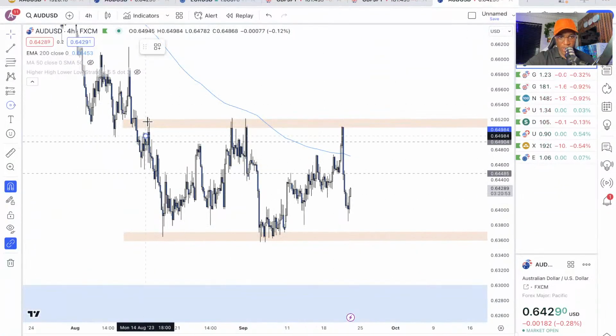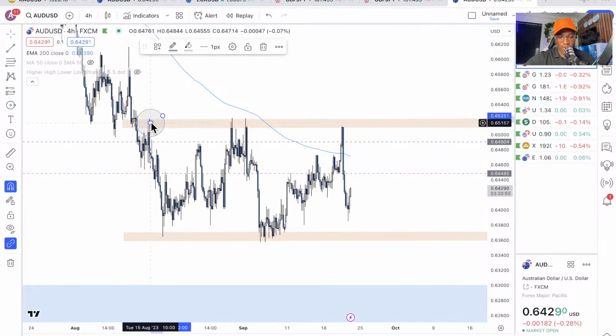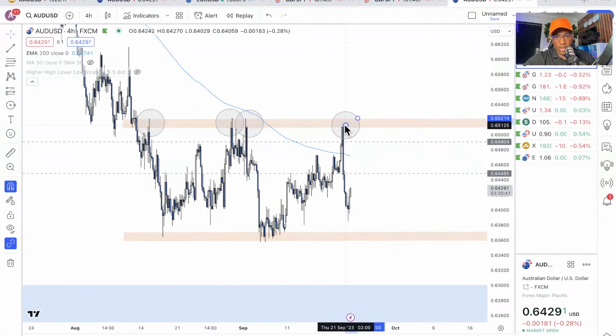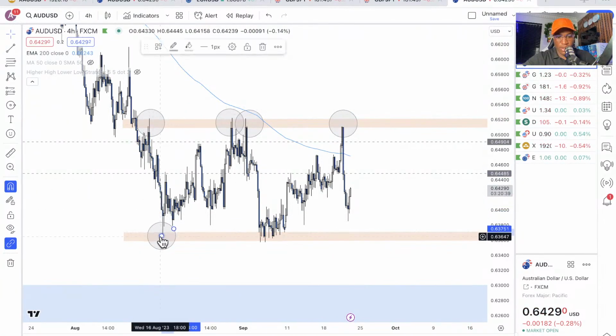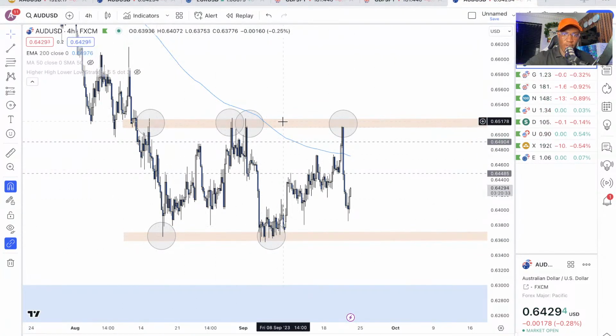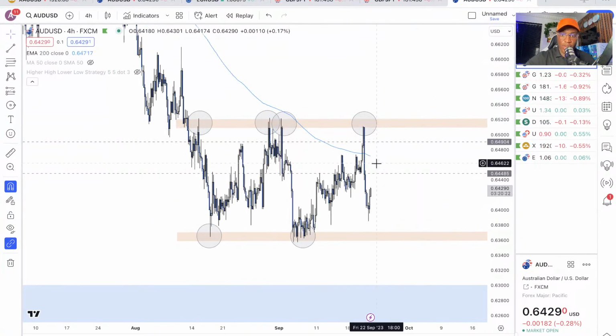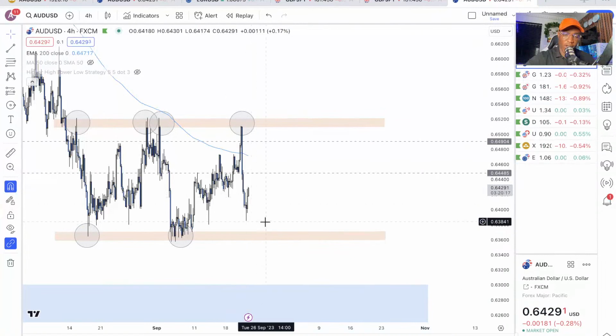So let's say looking at how the market has reacted to this level here, here, you can see that whenever the market got to these resistance levels, there was a pullback to the downside. Whenever it got to the support level, there was a pullback to the top side, right? The market is going to make a retest at one of these levels again. And if you trade the range, then you should be observant of how the market reacts at these key levels.